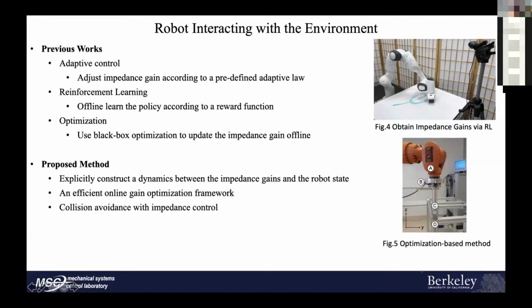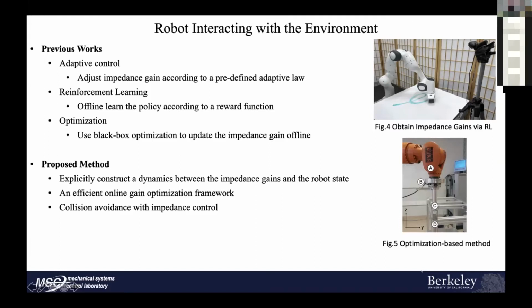However, most of the existing methods highly rely on black box optimization to solve an overly complicated problem. The reason is that the relation between the impedance gain and the robot future behavior is missing. So we can now use that information to use a gradient-based method to efficiently update the impedance gain online.